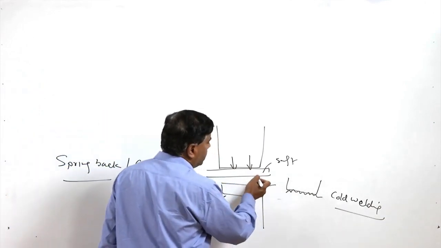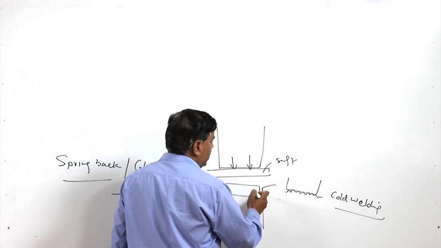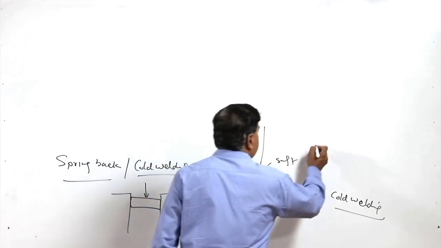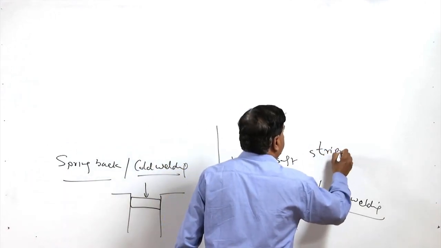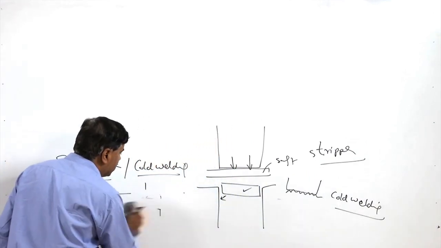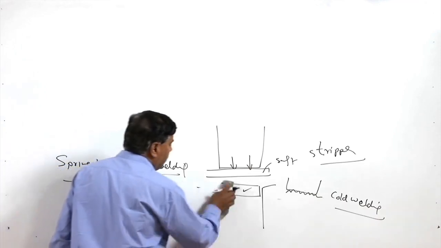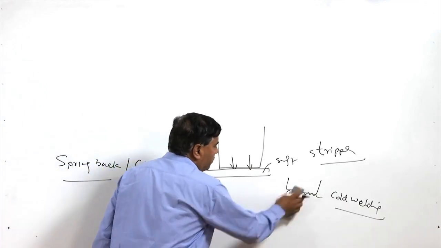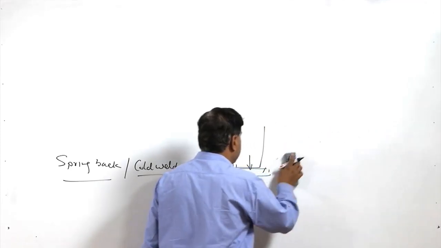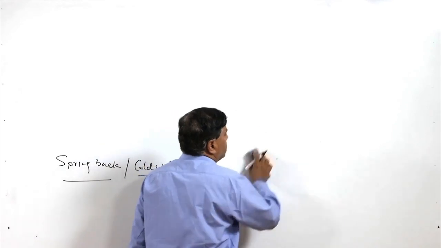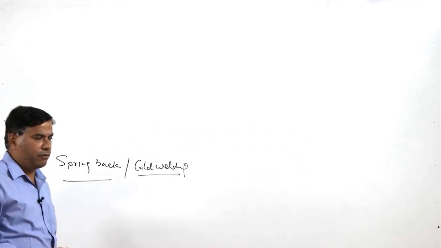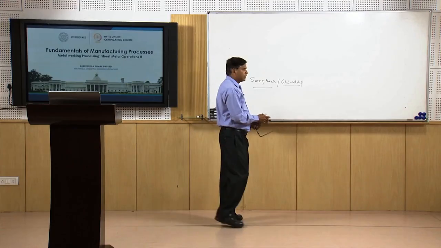Similarly, to separate the slug from the punch surface, we need to put in strippers. These are the two issues related to cold welding, where the slug or scrap remains attached to the punch, or gets attached to the die, making its disposal difficult. So a stripper is used for the separation of the punch from the slug or the sheet metal.